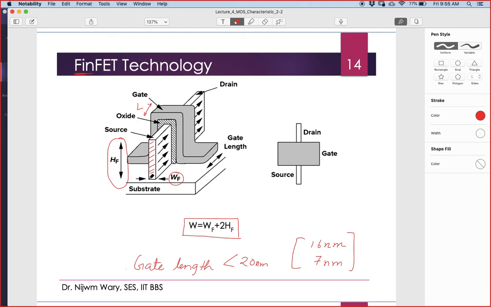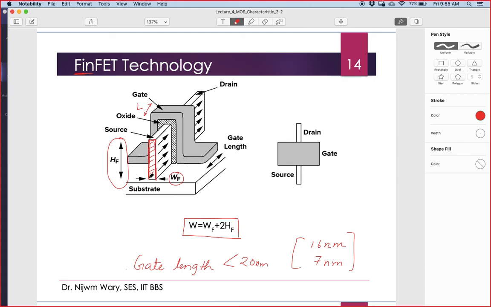Because my channel is formed all across this one here, right? That's why my effective width of the transistor will be this one, because you see the gate is all around this substrate.